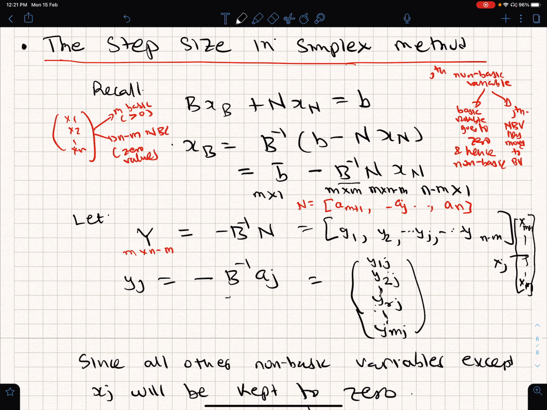Since the others are 0, y1 is scaled by 0, the next one is scaled by 0, and only yj will be scaled by xj, and everything else will be scaled by 0 and then added.